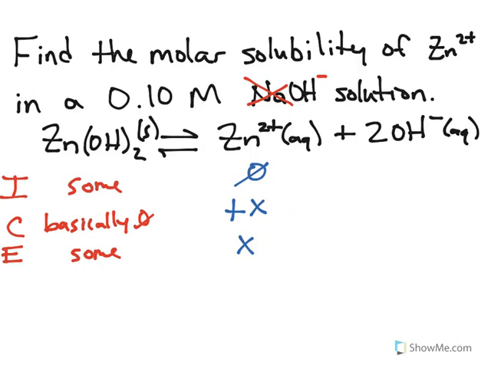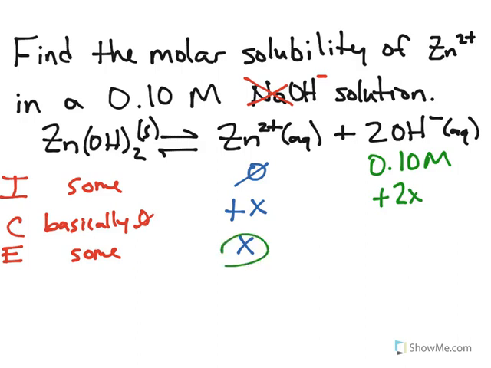But if we think to the hydroxide here, we're dissolving this in something that's already got 0.1 molar hydroxide. So 0.1 molar is my initial concentration of the hydroxide. If you think about the change, technically it is going to be 2x. The change will be double whatever the zinc's concentration was.